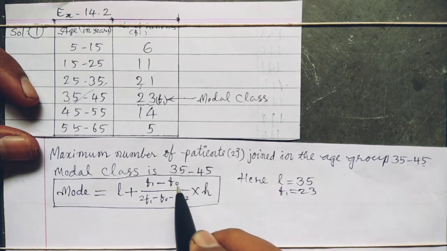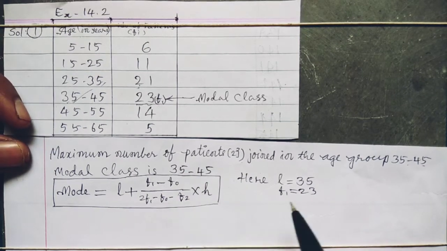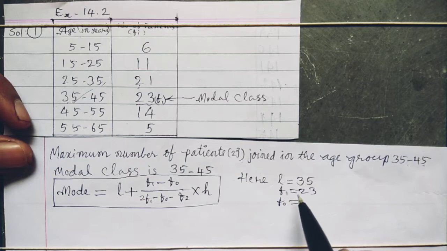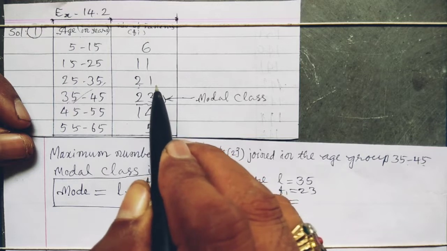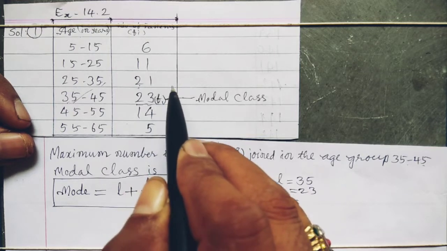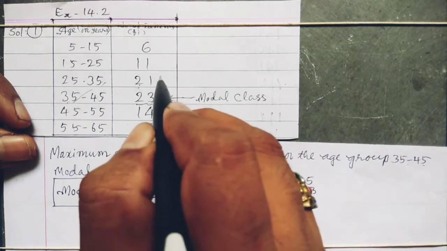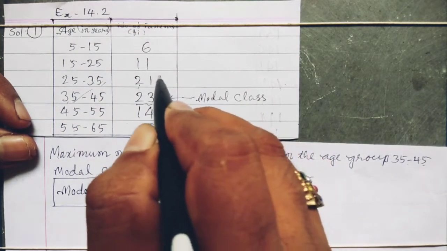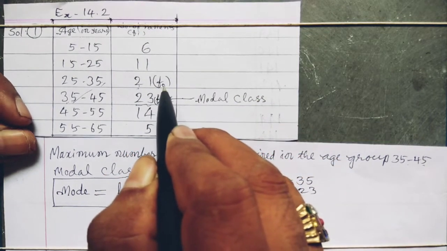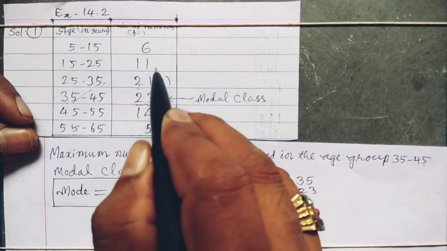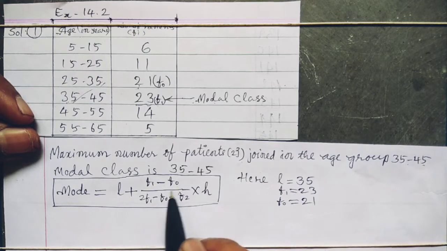Next, F0. What is F0? F0 is the frequency of the class preceding the modal class, before one. That is 21.